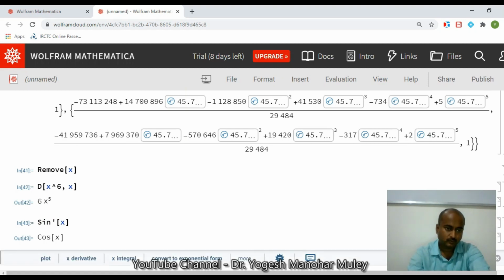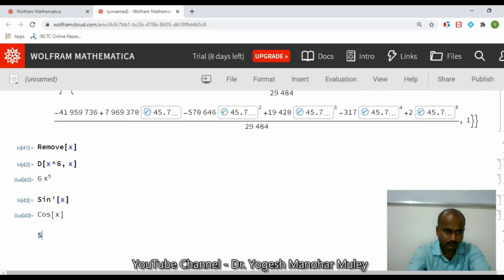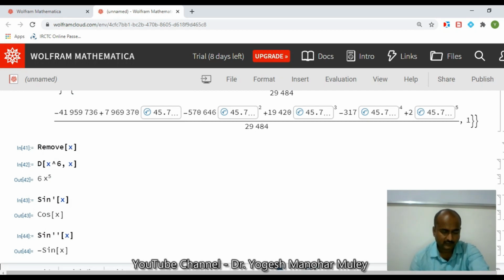So prime, or we can call it dash, is the first derivative. For the second derivative we use the double prime symbol on sin x. This will give the second derivative of sin x. So the derivative of sin x is cos x, and the derivative of cos x is minus sin x.